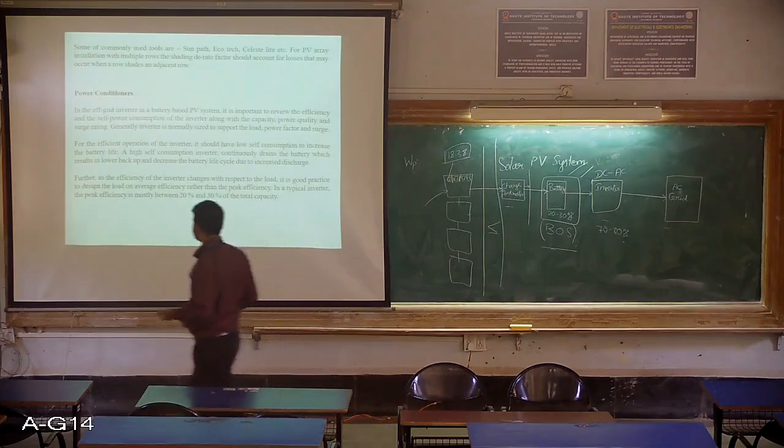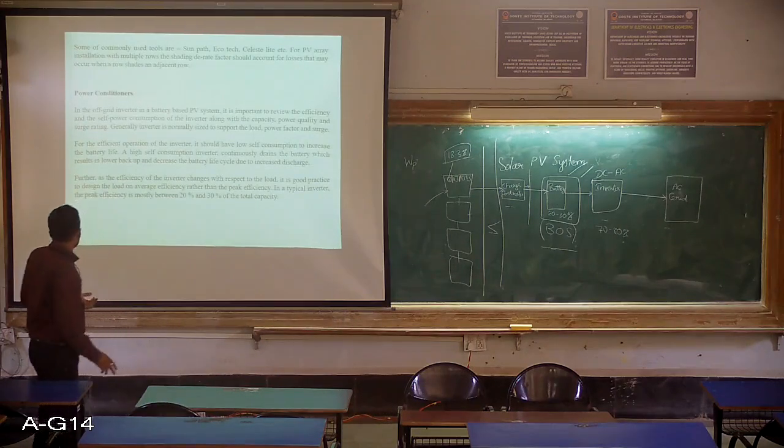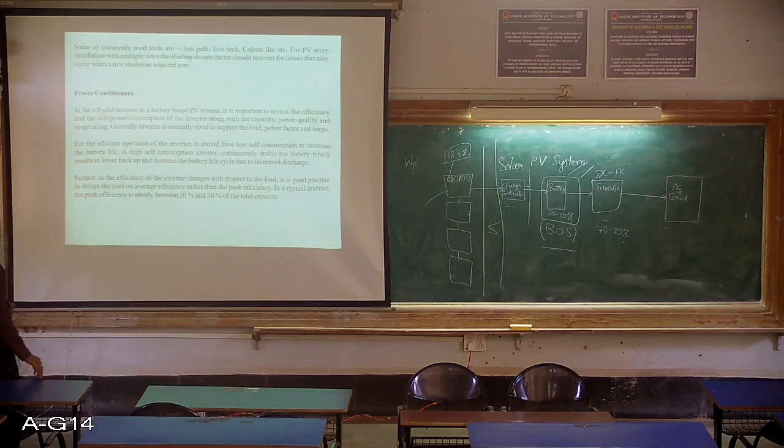And further, as the efficiency of the inverter changes with respect to the load, it is good practice to design the load on average efficiency rather than the peak efficiency.